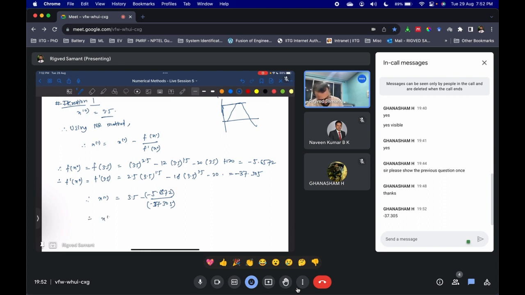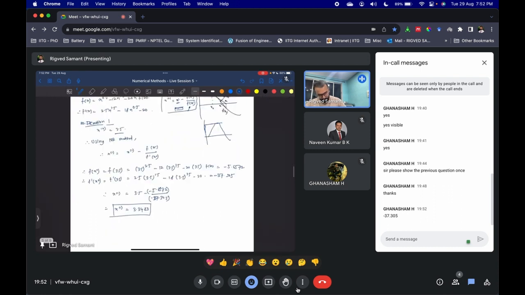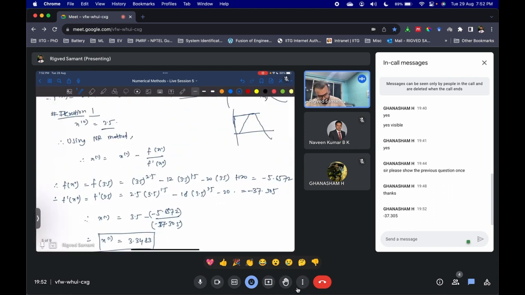So you will get x of 1 would be 3.3483. This is your first iteration.